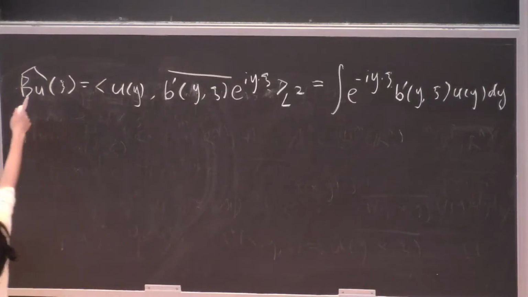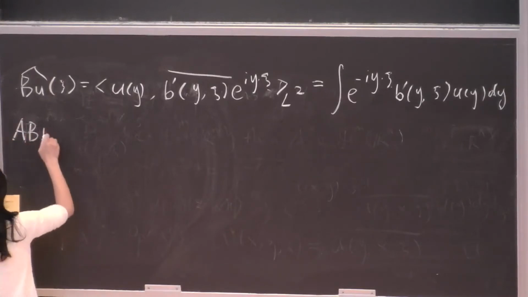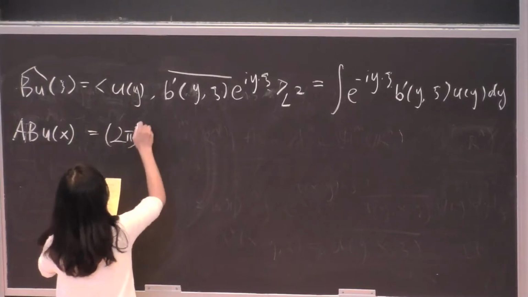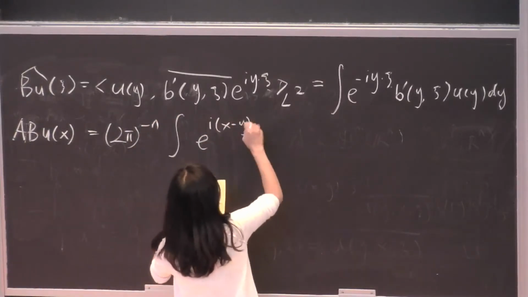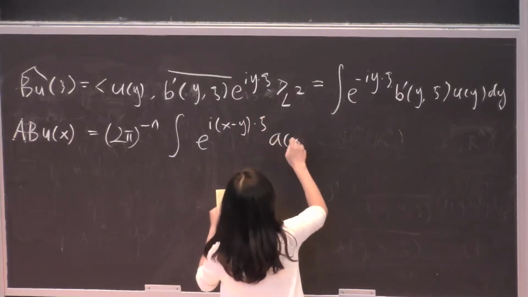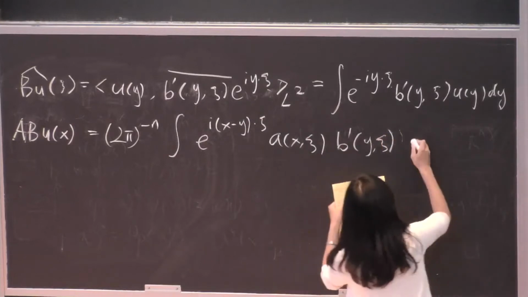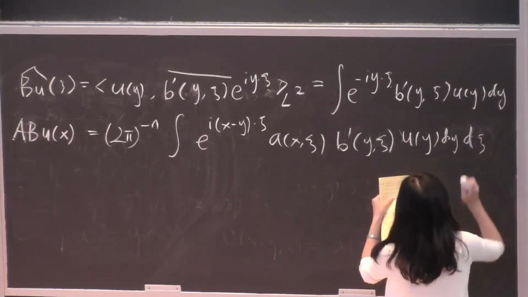Now finally, I'm going to put it back to the first line there, and what we see is the following. So AB applied to u is given by the following form: (2 pi)^(-n) times the integral of e^(i(x minus y)·psi) a(x, psi) b prime(y, psi) u(y) dy d psi.